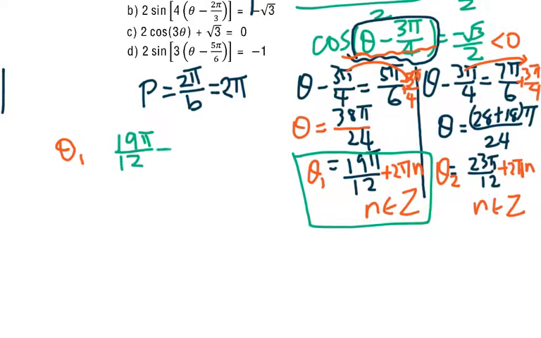Then I add 2 pi first, because your period is 2 pi. I need to cross multiply again to get 12, and then the numerator will be 43 pi.